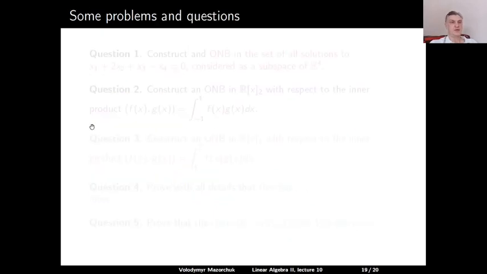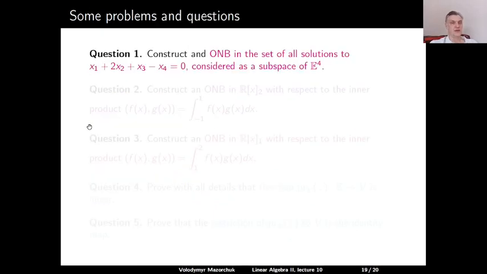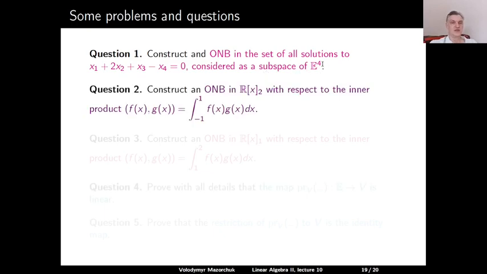Let us finish with some problems and questions. Question 1. Construct an ONB in the set of all solutions to the linear equation x1 minus 2x2 plus x3 minus x4 is equal to 0, considered as a subspace of the standard Euclidean space E4. Question 2.